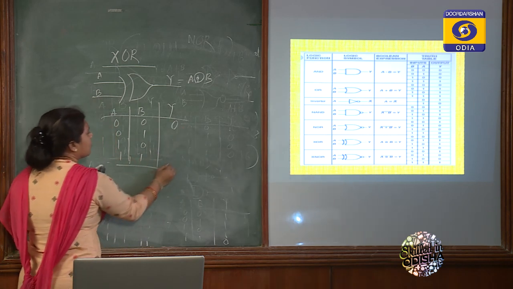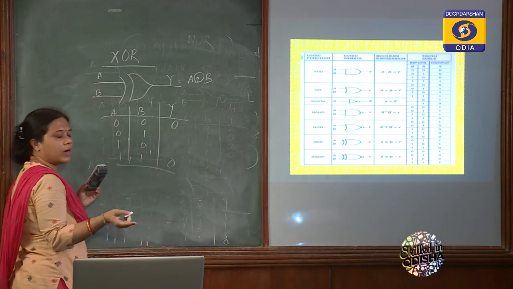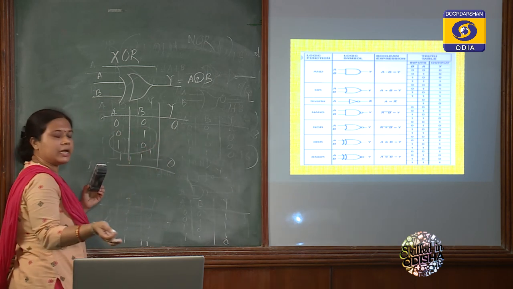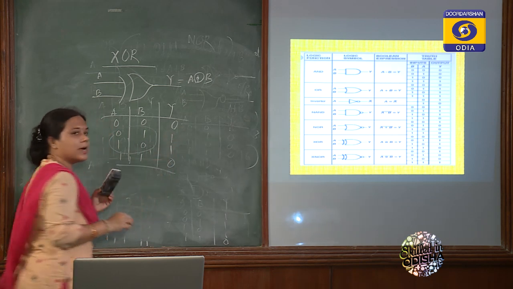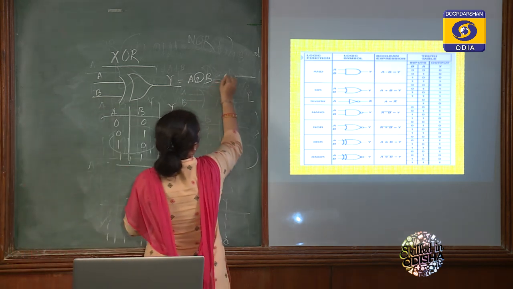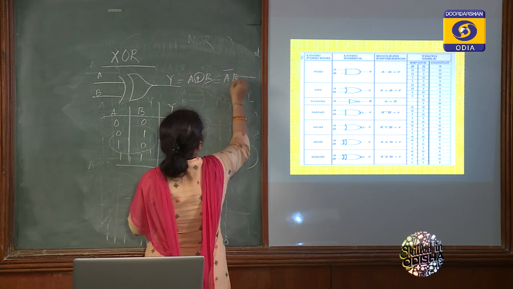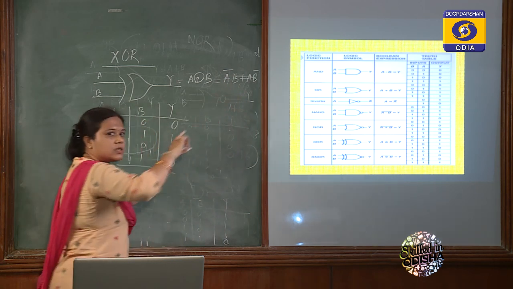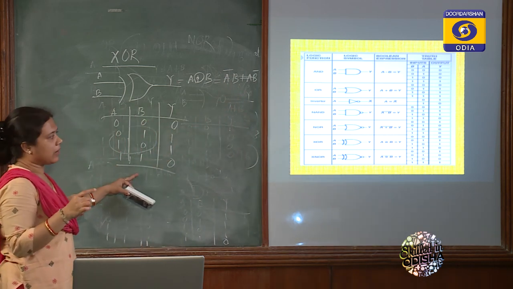If both are 1 then we will be getting 0. If we give dissimilar inputs then we will be getting 1, means true. So what is the representation here? It is A bar B plus A B bar. We can find out individually and we will be getting this as our output.